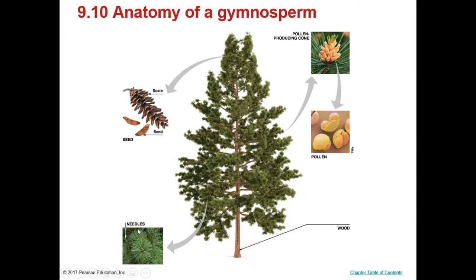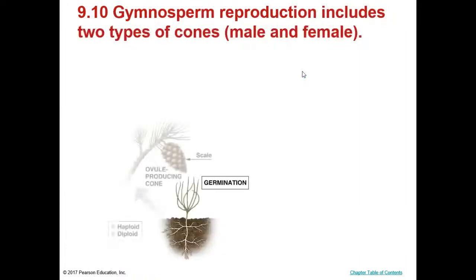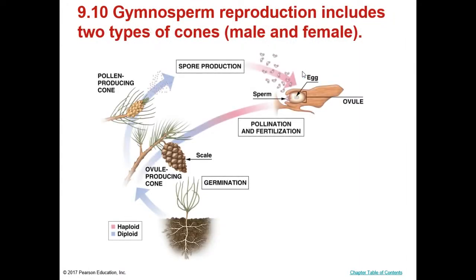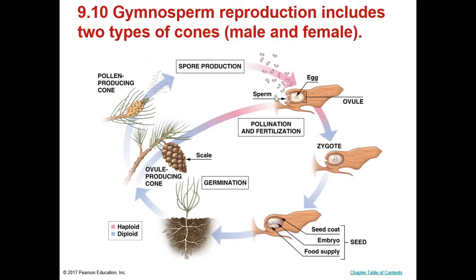It has needle-like leaves, right? These would be their leaves right here, and they're needle-like. They have pollen-producing cones, and they release pollen using those. Keep in mind that pollen is the equivalent of the sperm, right? Pollen is driven by the wind over to an ovule of a cone.